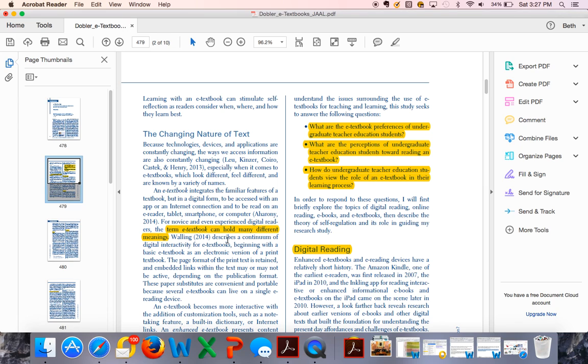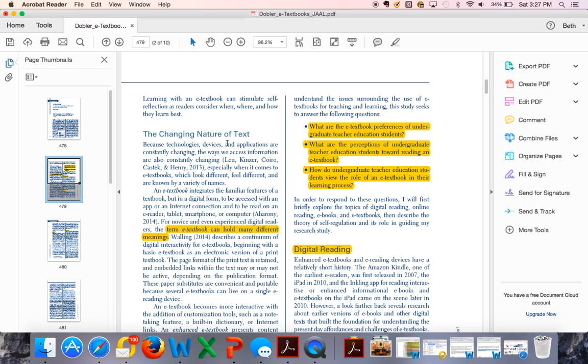There are lots of different meanings of the word ebook, and that's what I had to draw from to create the definition. I wanted to make sure that whoever was reading my article was clear on how I am defining the word e-textbook. So I included that definition.